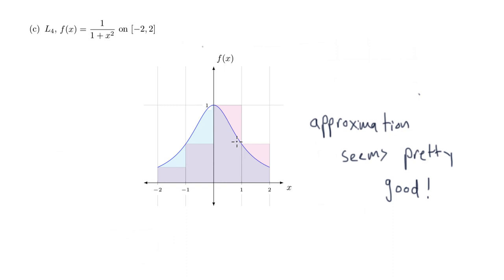So it's just something to think about. It's a good qualitative question to ask yourself: if a function is increasing and you for sure want an underestimate, then you should use left endpoints. So it's just something else you can think about when you're doing an approximation.